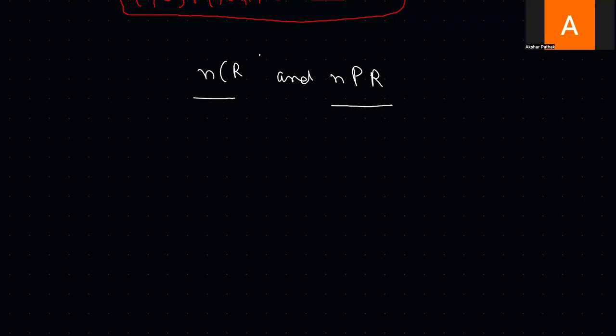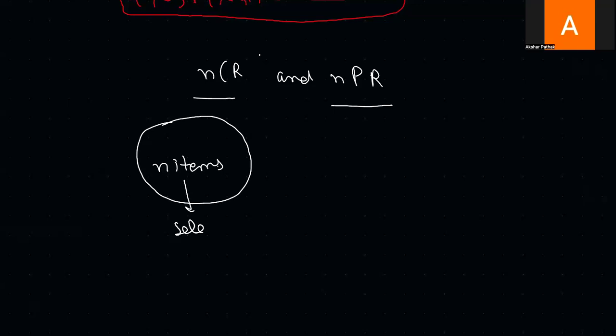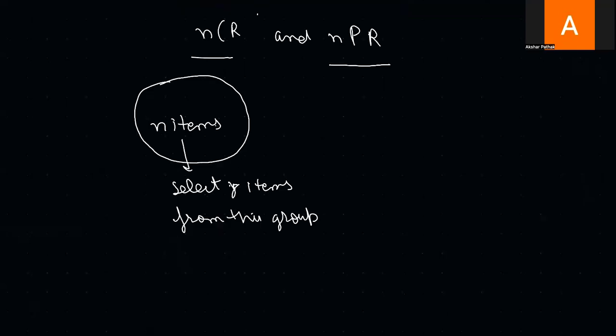Suppose that you are given a group of n items, and you have to select r items from this group. So nCr tells you the number of ways you can select r items.